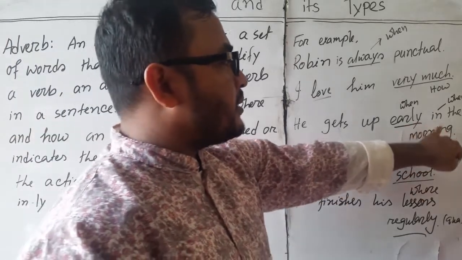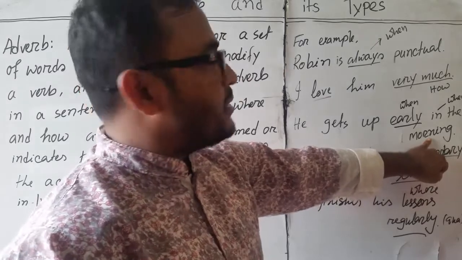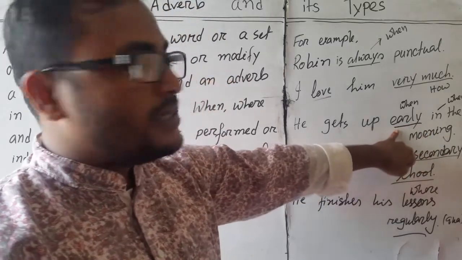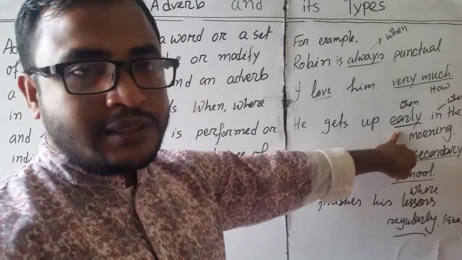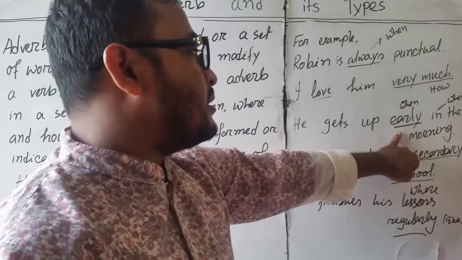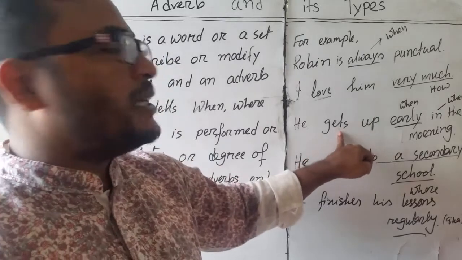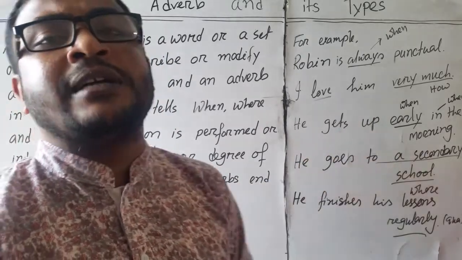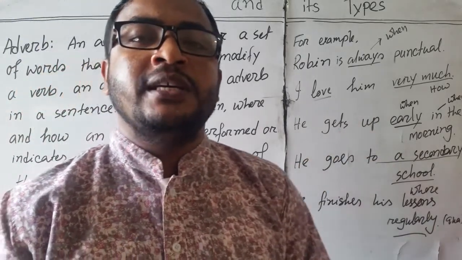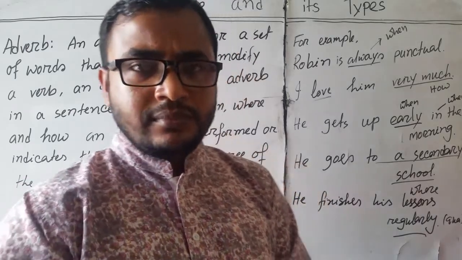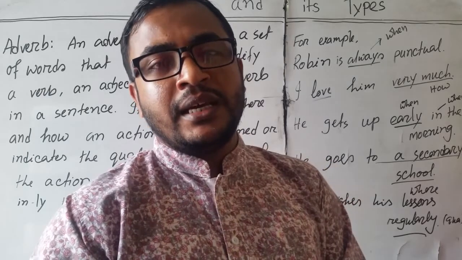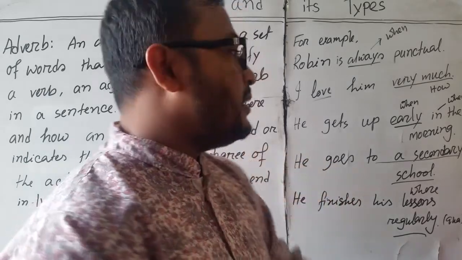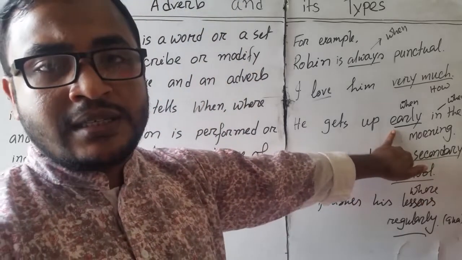In the morning describes or modifies the adverb early, but early modifies the verb gets up. So sometimes an adverb can modify a verb, and sometimes an adverb can describe another adverb. In this sentence, early is an adverb.